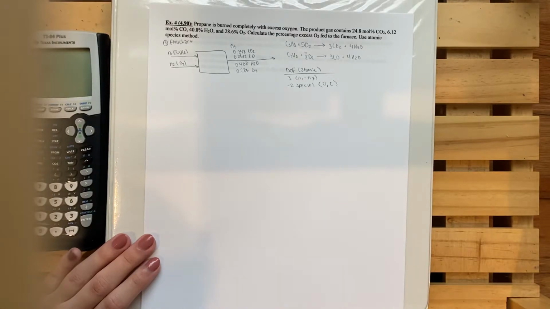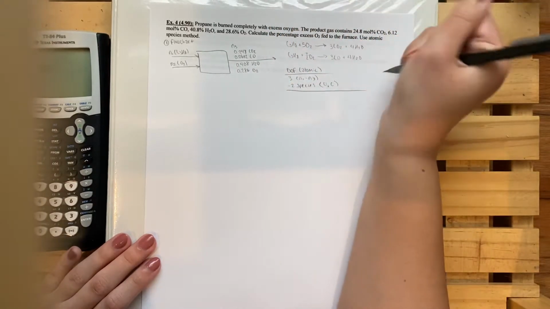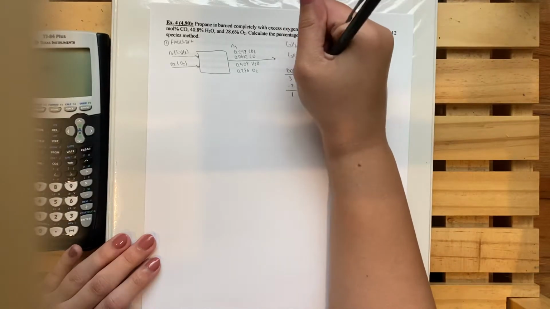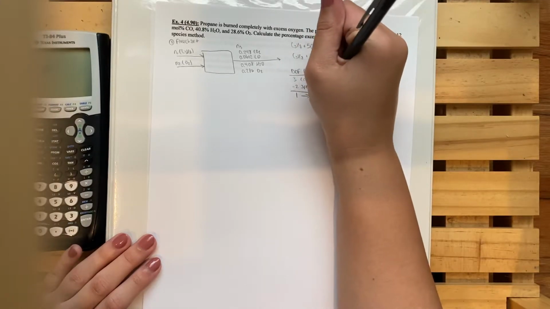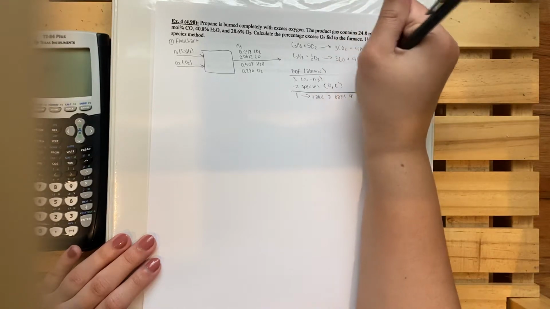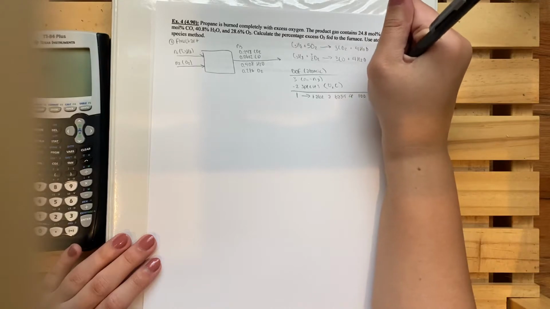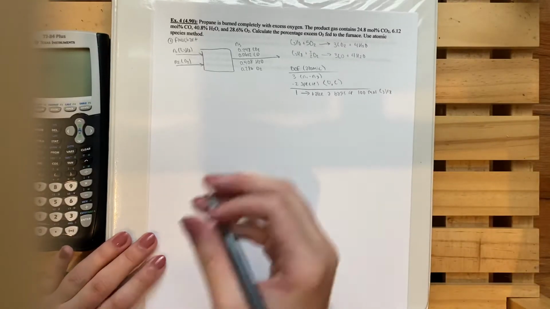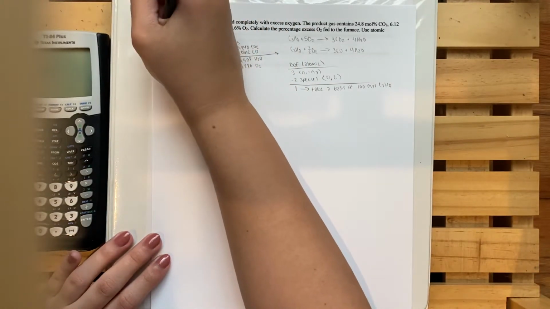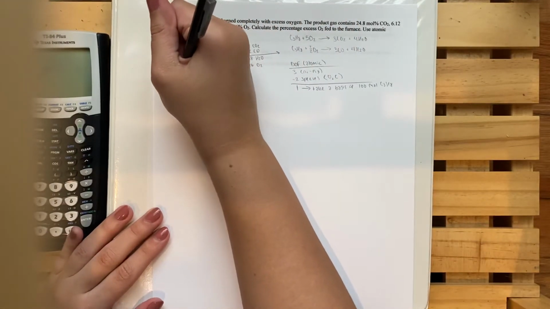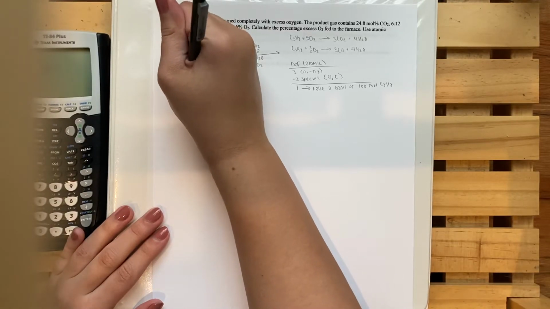So we have 1 degree of freedom. So we're going to take a basis of 100 moles propane, so 100 for N1.